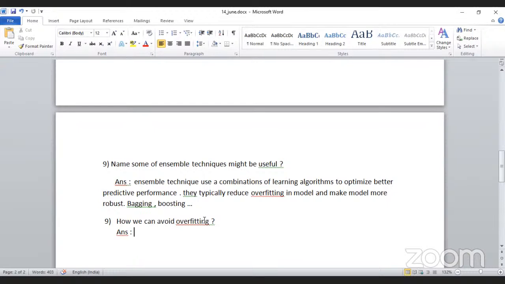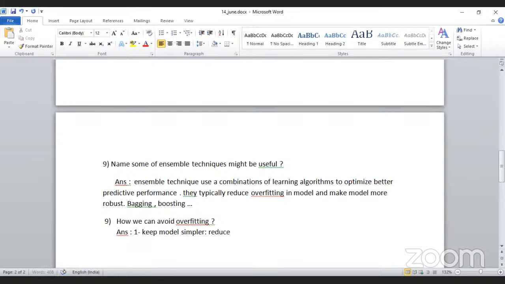Okay, three main and simple ones I would like to tell you. The first is to keep the model simple. How can we do that?